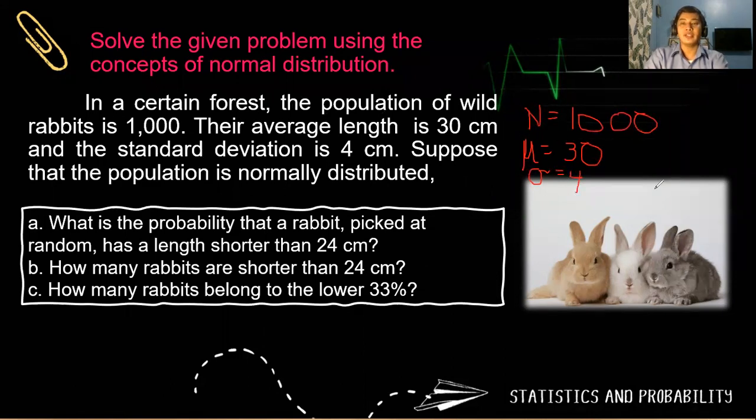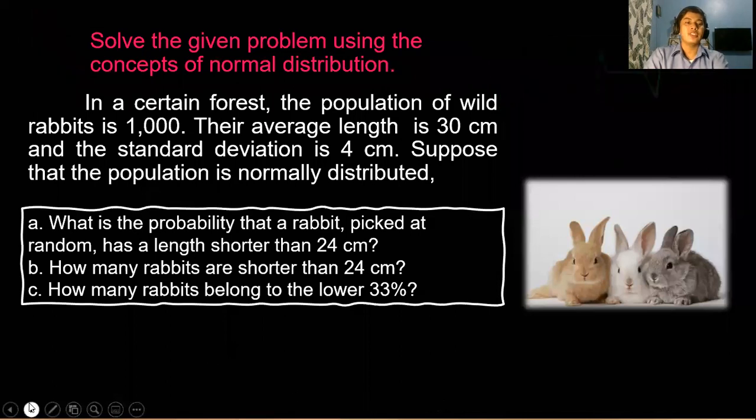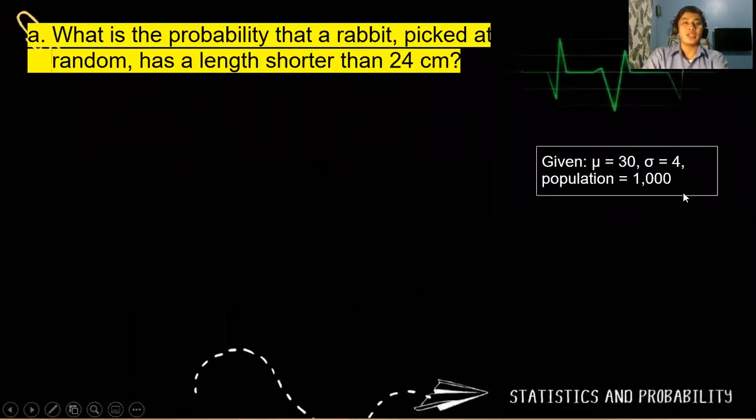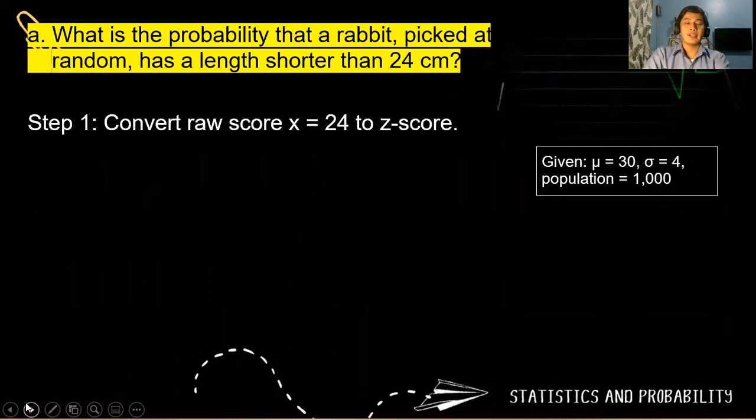So this given will be repeated as we solve each problem. So let's answer the first question. What is the probability that a rabbit is picked at random and has a length shorter than 24 centimeters? So again, our mu is 30, our standard deviation sigma is 4, and the population size is 1,000. So that's our given.